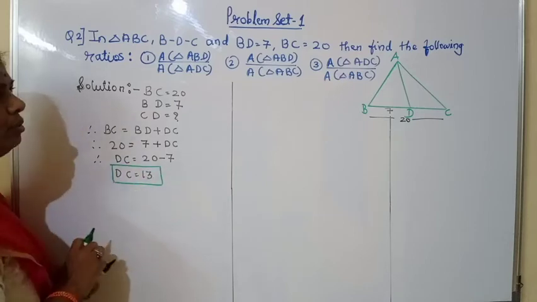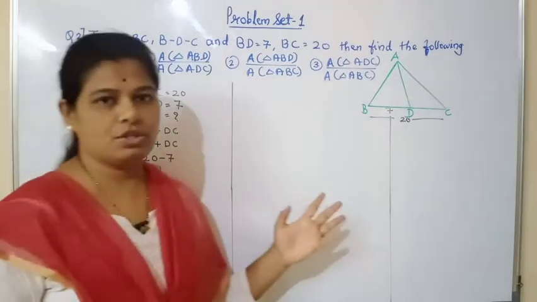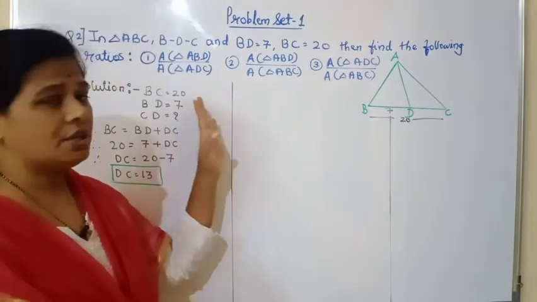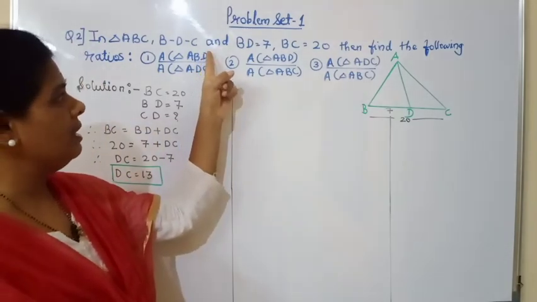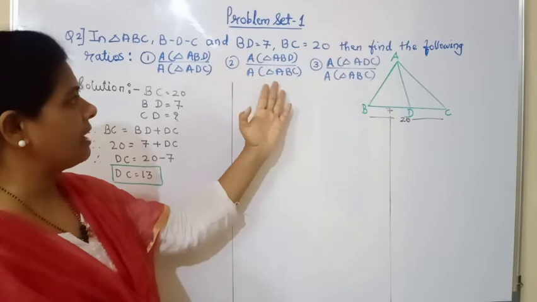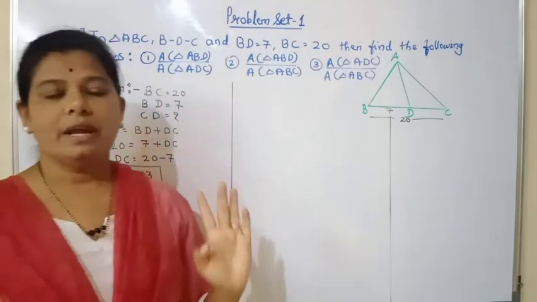Now what we have to do? Now we will go through the first ratio. Before going towards the first ratio, as you can see, which triangles are given in the ratio: ABD, then the second triangle is ABC, and one more triangle is there, that is ADC.